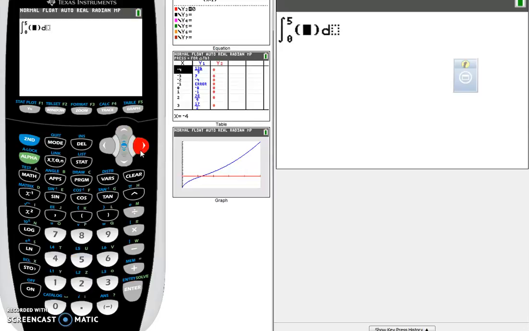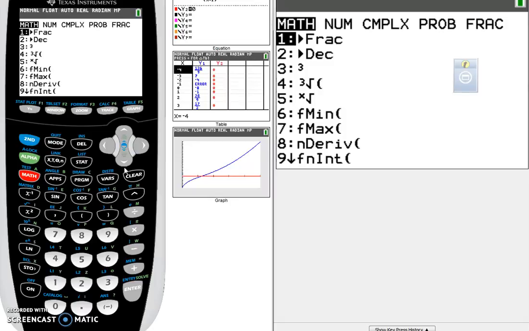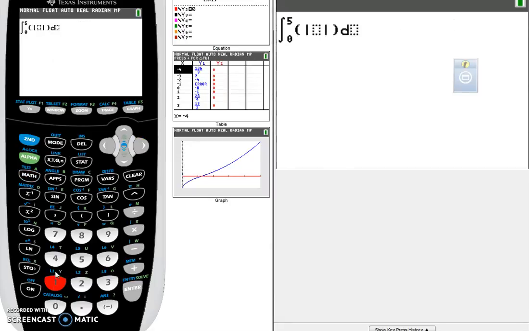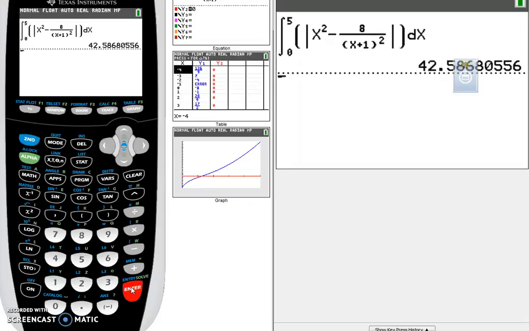And to get to the absolute value bars, go to Math, go to the right to NUM and number 1 ABS, and go ahead and type in the function. You should get something like this once you type it in, and you hit enter. And there is the answer that you see in your textbook.